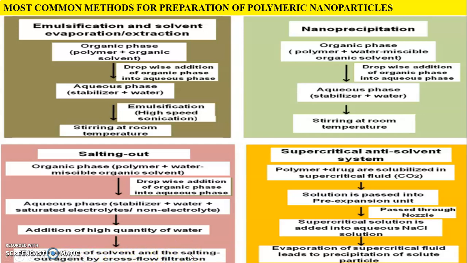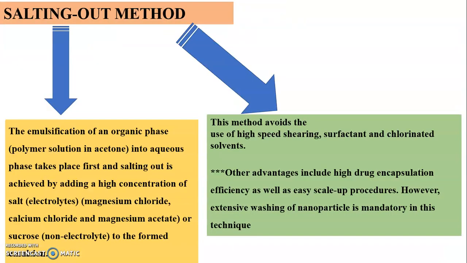This salting out can take place by this method, or it can also be carried out by addition of a high quantity of salt, as I have mentioned, using various salts like magnesium chloride, calcium chloride as well as magnesium acetate.